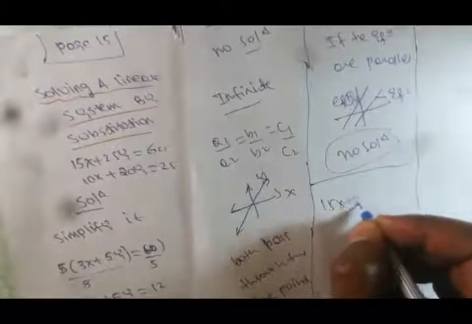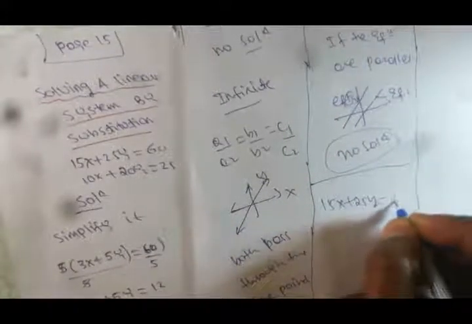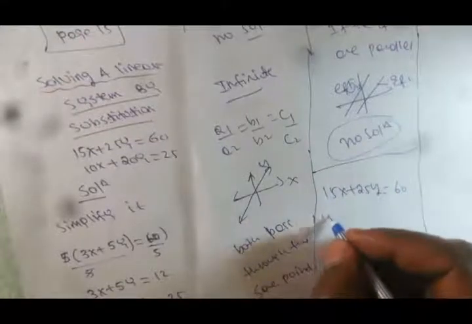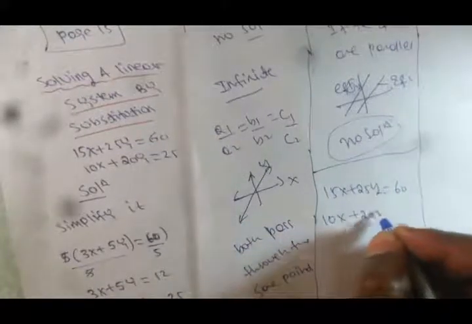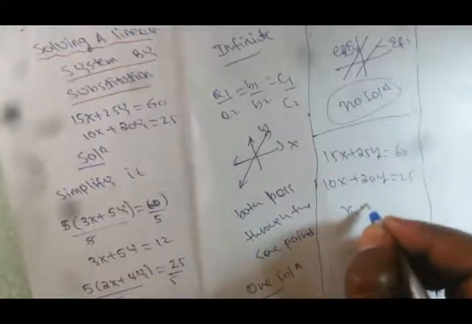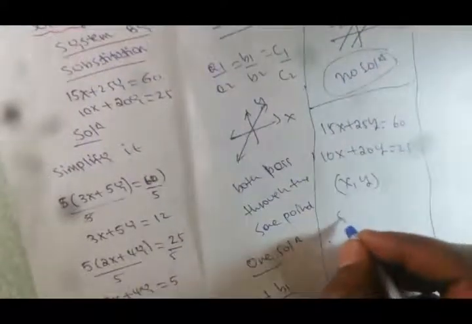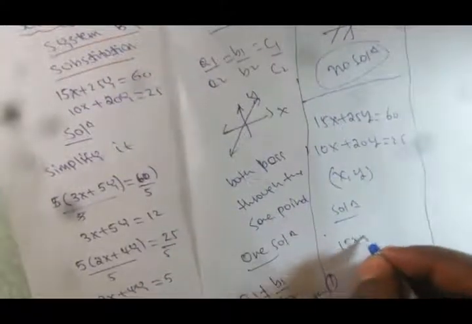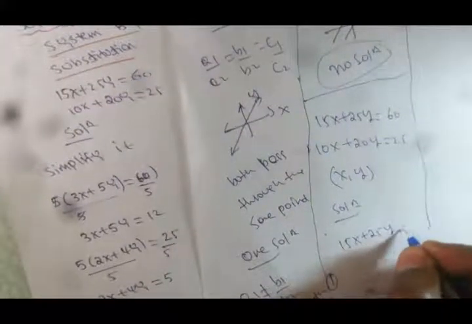The first equation is given by 15x plus 25y is equal to 16, and the second is 10x plus 20y is equal to 25, and we are required to find the coordinate x, y. Solution: first we write 15x plus 25y is equal to 16.